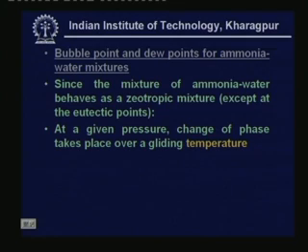Had it been an azeotropic mixture or had it been a pure fluid, then you know that change of phase takes place at a constant temperature. But if the mixture behaves as a zeotropic mixture, you will find that change of phase, for example boiling or condensation, at a given pressure, takes place over a gliding temperature, not at a constant temperature.